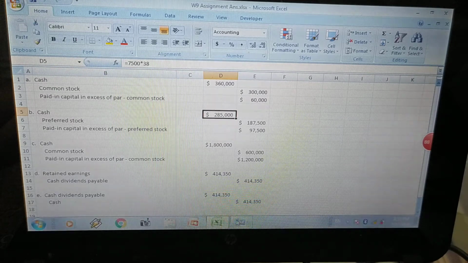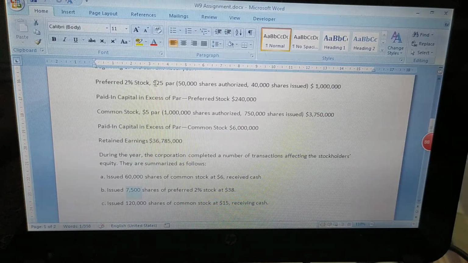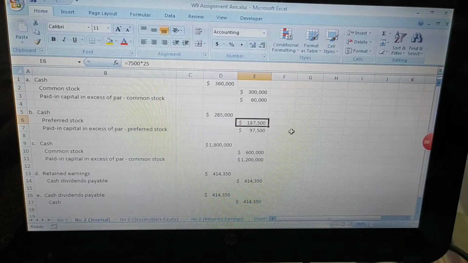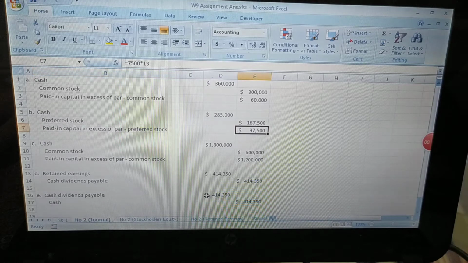And then for the preferred stock, we use the number of shares times the par value. So 7,500 times 25, we get 187,500. Again, there is an excess: the paid-in capital in excess of par, preferred stock, 97,500, the difference between cash and preferred stock.